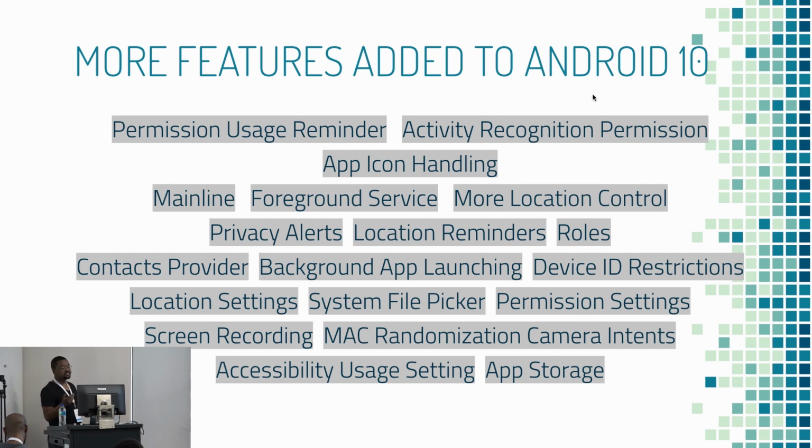Activity recognition permission, app icon handling, mainline, foreground service, more location control, which I'll be touching on, privacy alerts, location reminders, roles, context provider, background app launching, device ID restrictions, location settings, system file picker, permission settings, screen recording, MAC randomization, camera intents, which I'll also be touching on, accessibility usage setting, as well as changes to app storage.